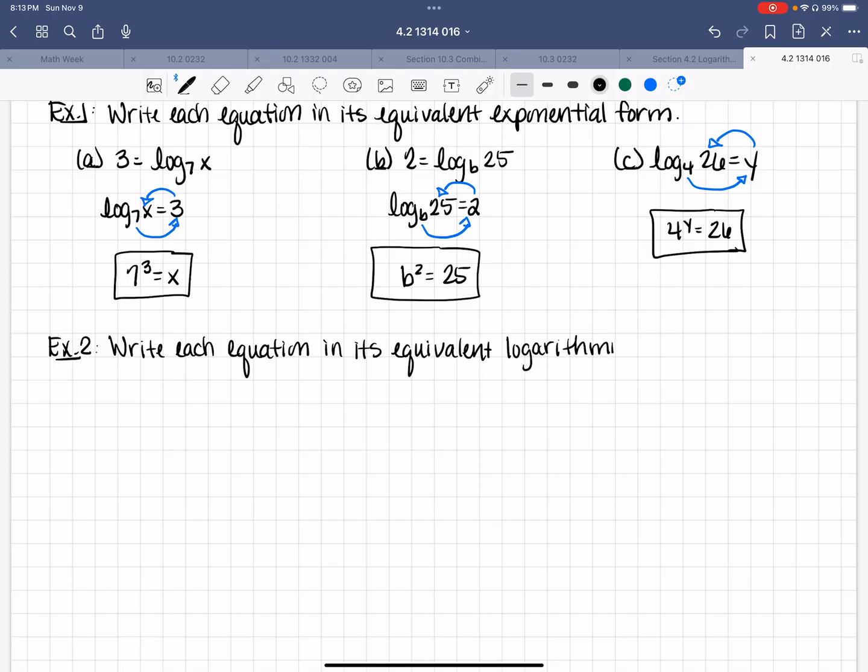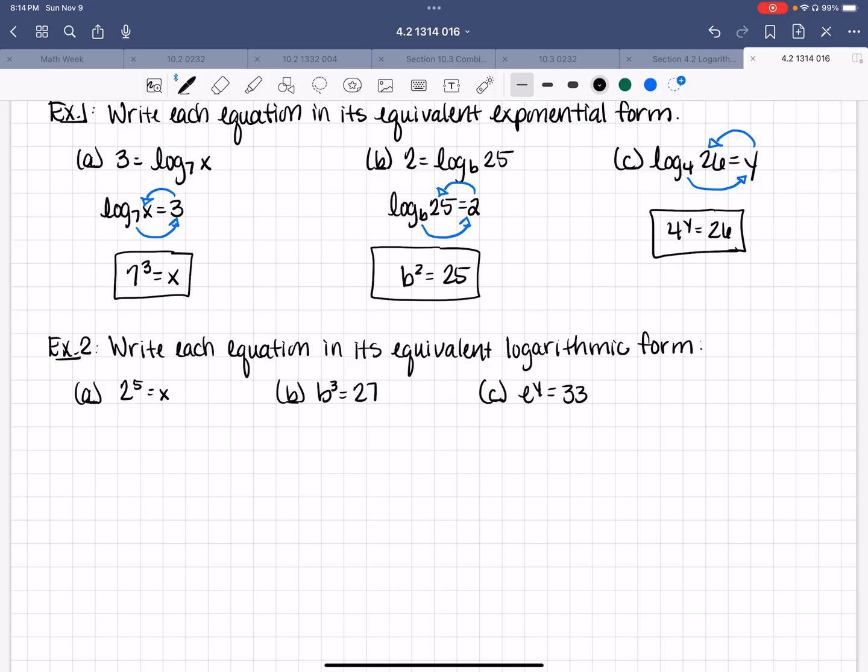Okay, so we're going to go the other way this time. On A, I have 2 to the 5th equals x. B, I have b cubed equals 27. And C, I have e to the y equals 33.